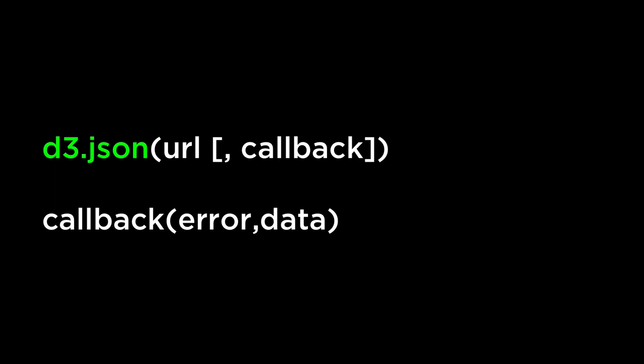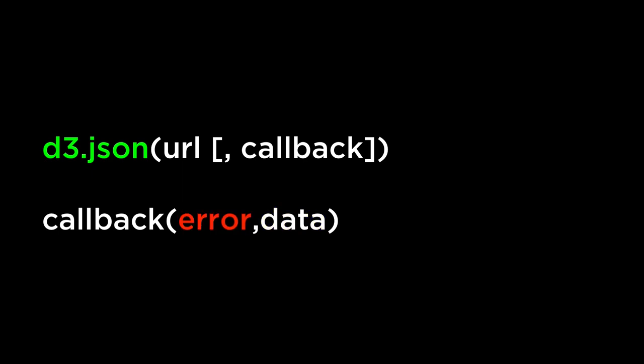The D3 JSON type-specific request creates a request for a JSON file at the specified URL. The D3.json call will either result in the resources being loaded or the request will fail. The D3.json call will invoke the callback function with two arguments, the error and the data.